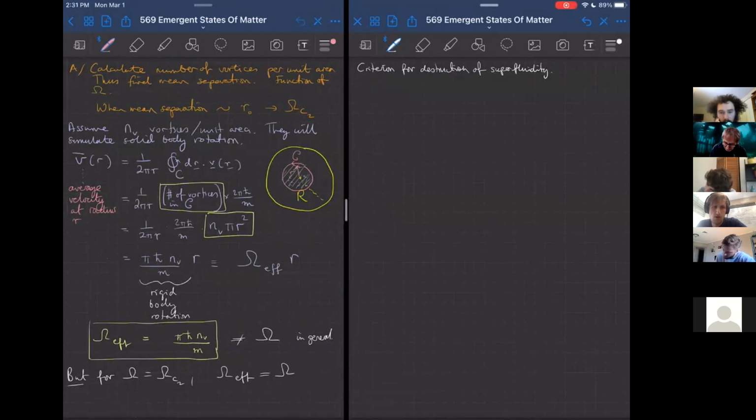So what is the average distance between vortices? Well, how do we get that? Well, we know that there are NV vortices per unit area.